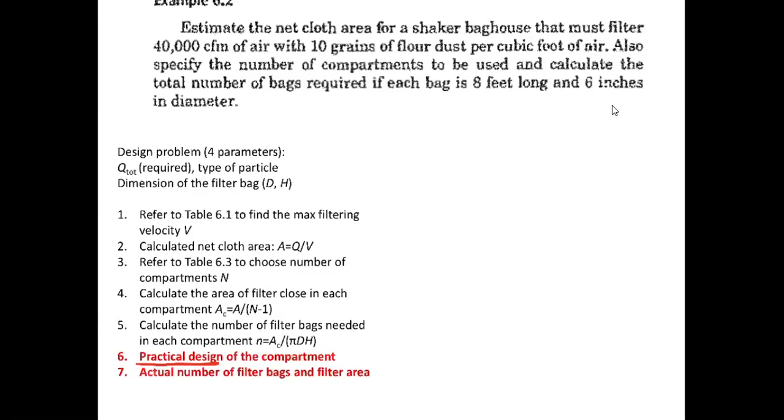But in terms of the practical design, when you calculate the number of bags in each compartment, you can find out that it is close to 319. Okay, that's my impression. Maybe this is for another problem, but let's say, for example, this is what we get from the answer. Let's say we get 318.5, right? So we know that to guarantee the collection efficiency, we need to round it up to 319, right?